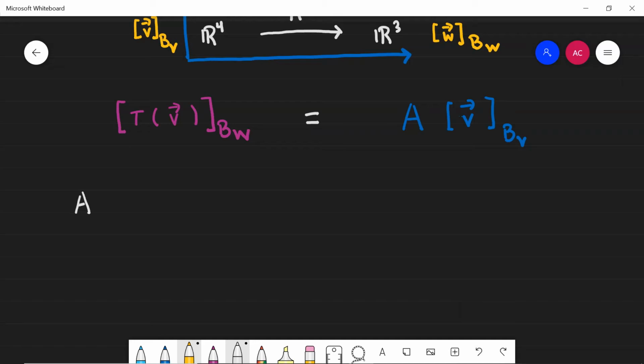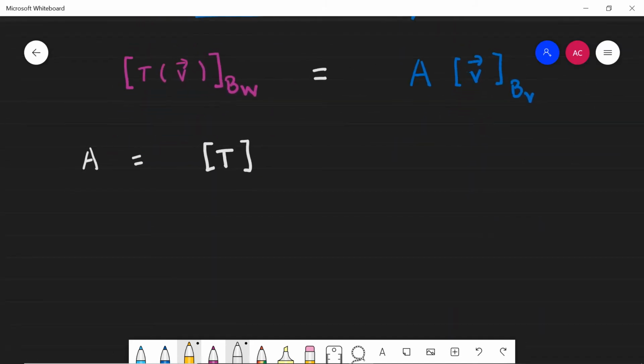It's a matrix representation of T. So in the notation, I will have a T. But it's a matrix representation, so I put brackets. And it's with respect to given bases for the domain and the codomain. So I put the basis for the codomain first, which the codomain was W and my basis was B sub W. Then I put a comma, and then I put my basis for my domain. My domain was V. My basis was B sub V.